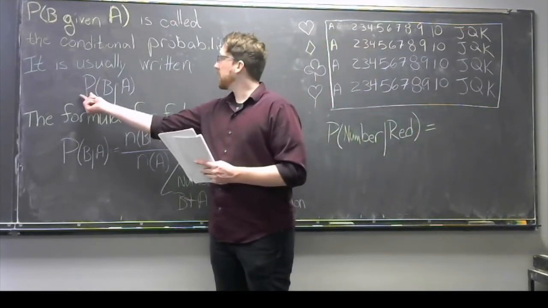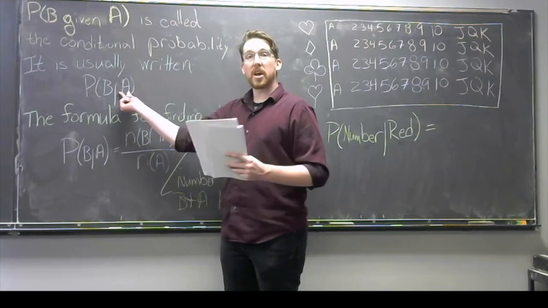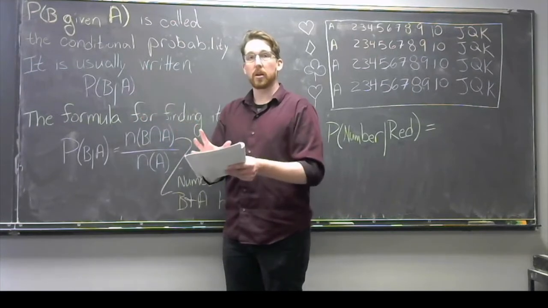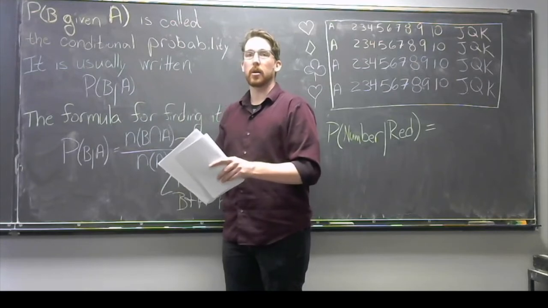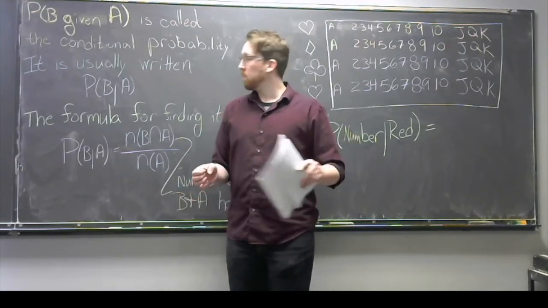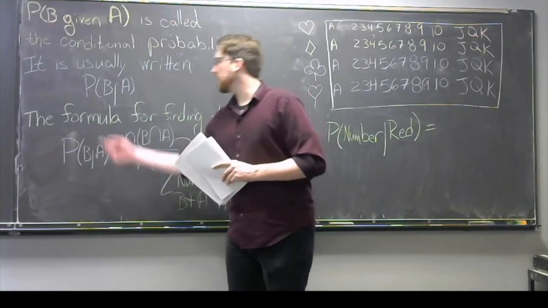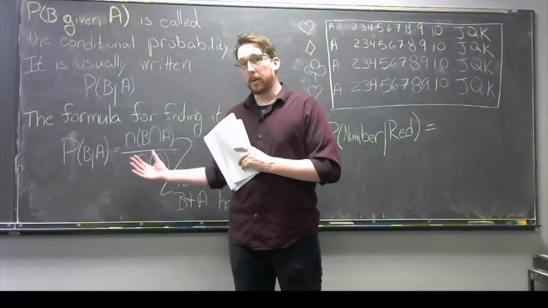So when we say the probability of B given A, we're saying we're restricting our case to the event that A has happened. But we want to find the probability of B. And to do that, we use the following formula.